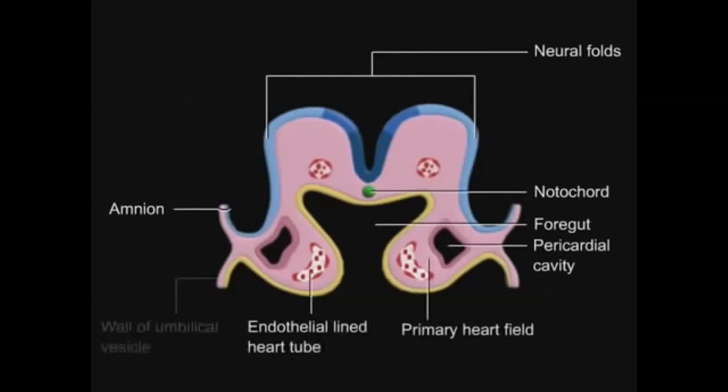And here, delineated with yellow line, is the forming foregut. And at this moment, we can see that there are two endothelial-lined heart tubes, right and left.